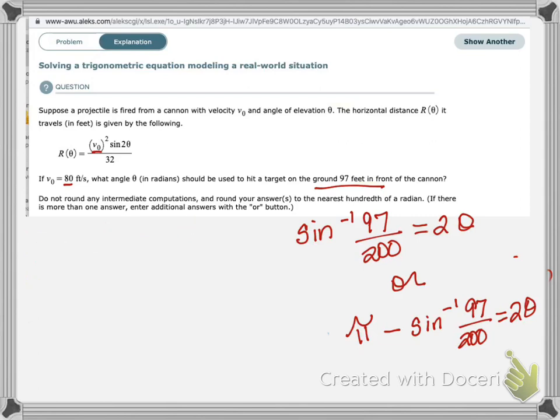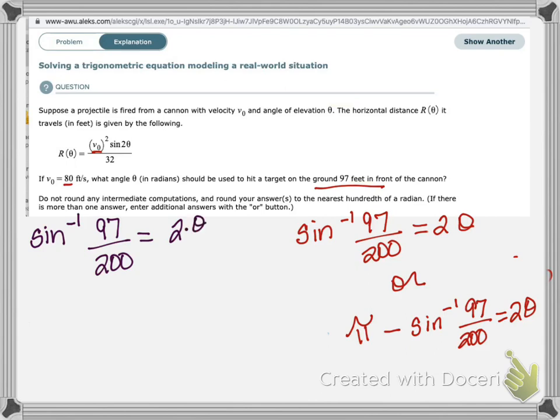So I've got two different equations that I'm solving. My first one is sine inverse of 97 over 200 equals 2 times theta.